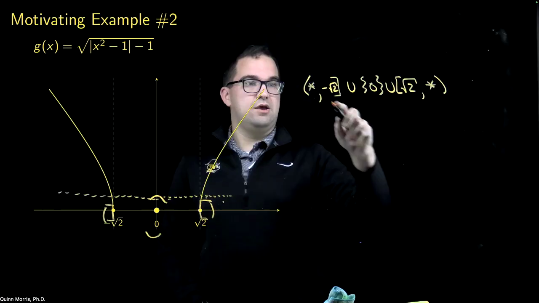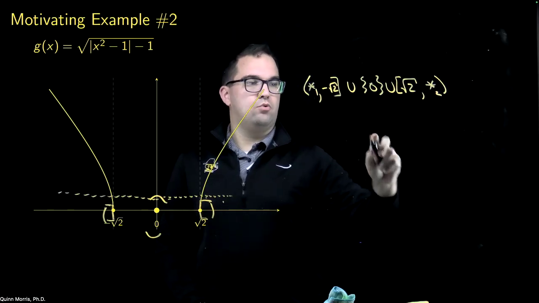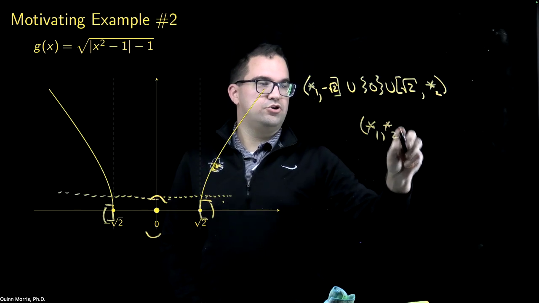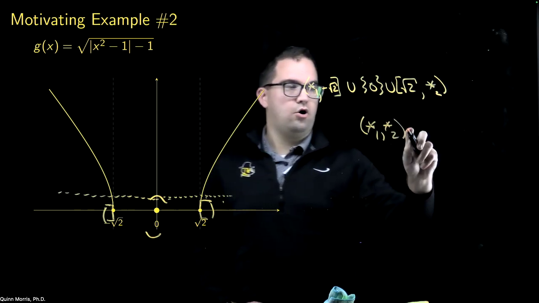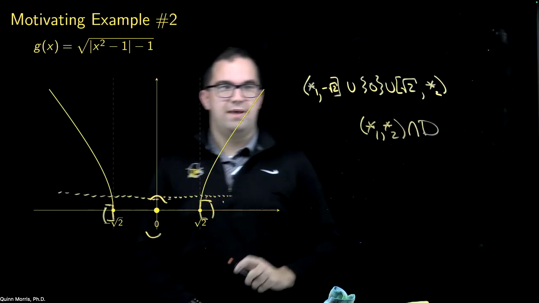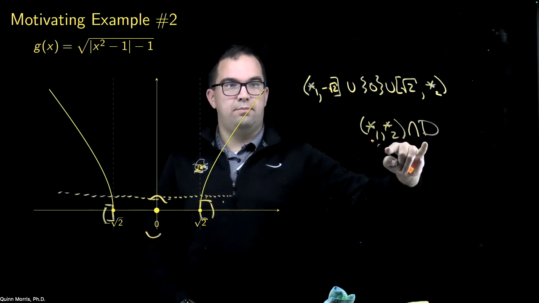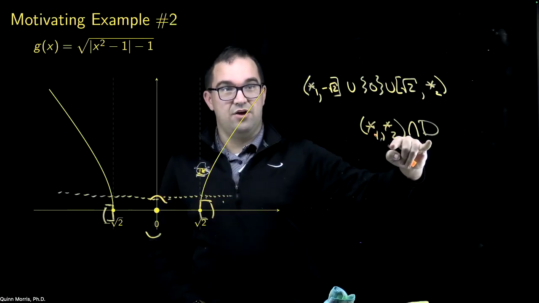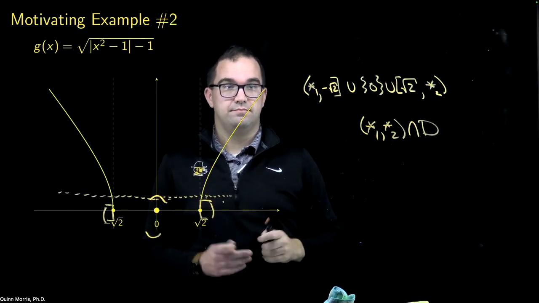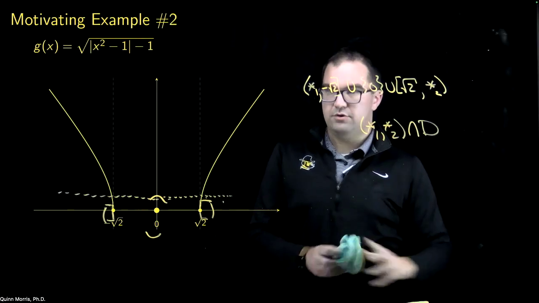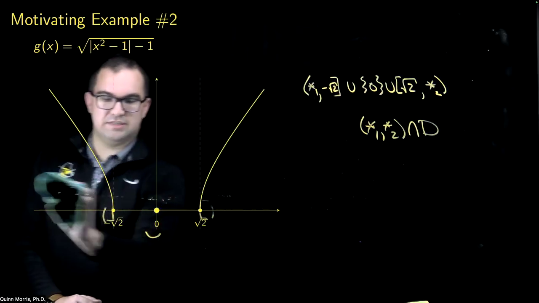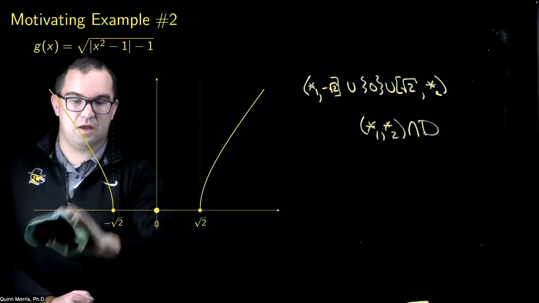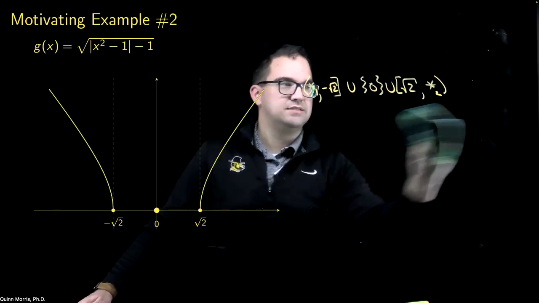Right? So if you take the open set, let's say I call these points star 1 and star 2, this is star 1, star 2, which is an open set in R, intersect the domain. So this is an open set in the subspace topology that D inherits as a subset of R. All right, so yet again, this is just another reason why we want our function to be continuous at an isolated point.